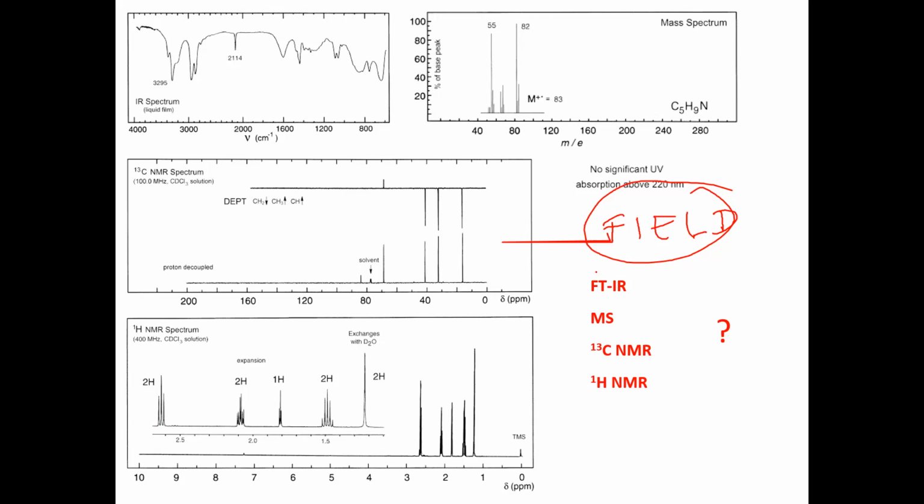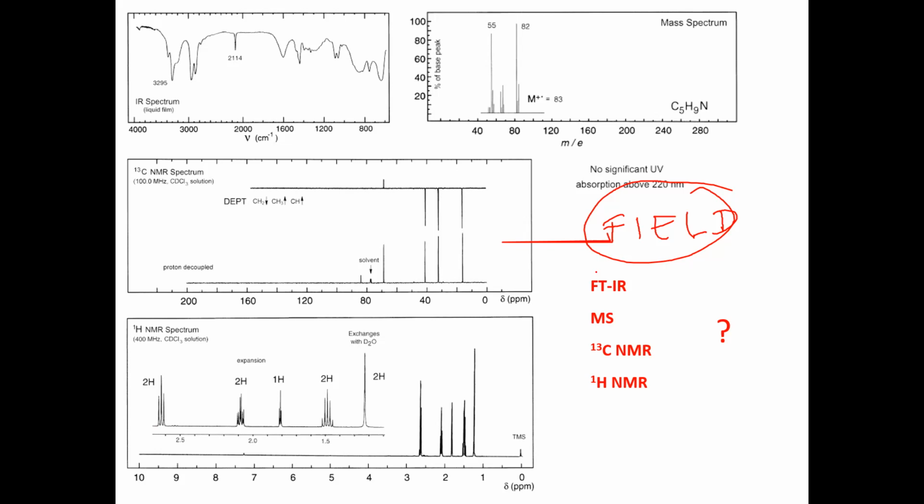So we are stuck at carbon 13, and carbon 13 tells me 5 different environments, so no symmetry because we have 5 carbons over there. What else does it tell you? 3 CH2 groups and one other CH or CH3, who knows?